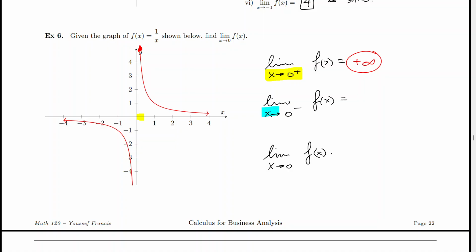Now, similarly, if I go towards 0 from the left side, so I'm picking things like -0.00000001 or -0.0005 or whatever. That's basically these numbers over here. They're not exactly equal to 0, but they're slightly smaller. Where is the graph going to be?